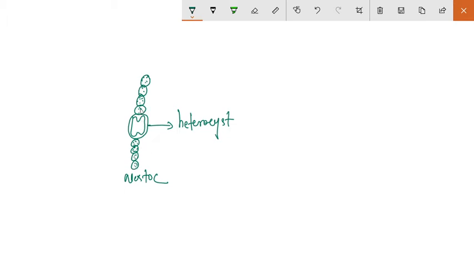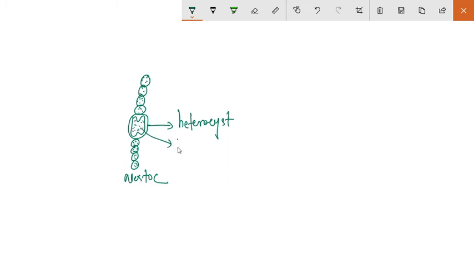Okay, its function is different from the other cells. Its function is that it carries out the function of nitrogen fixation under the aerobic condition. Okay, how does nitrogen fixation happen under aerobic condition? So the nitrogenase enzyme is present inside the heterocyst.